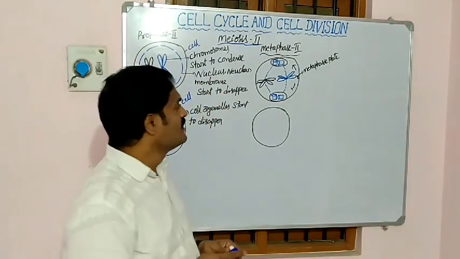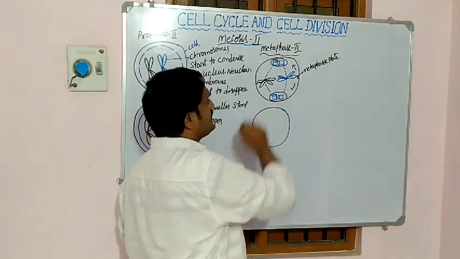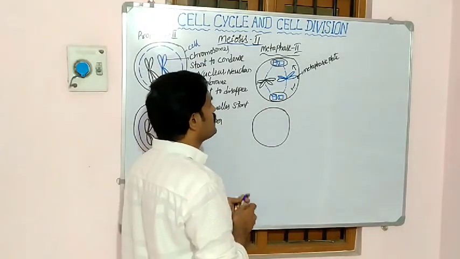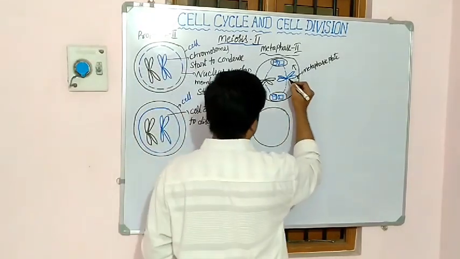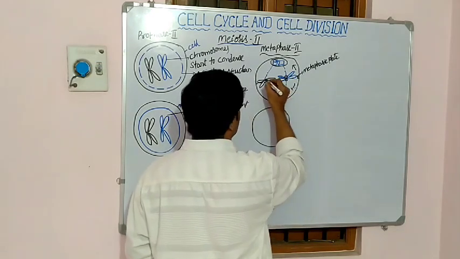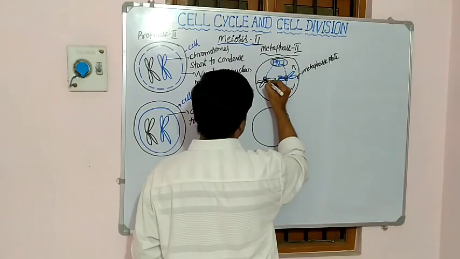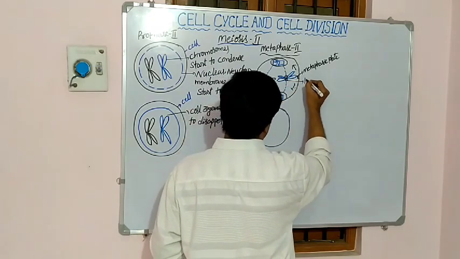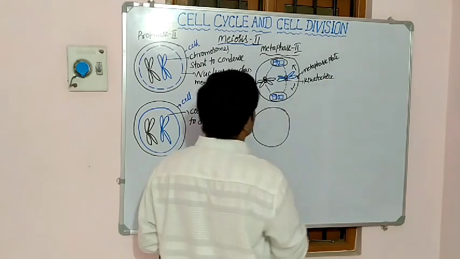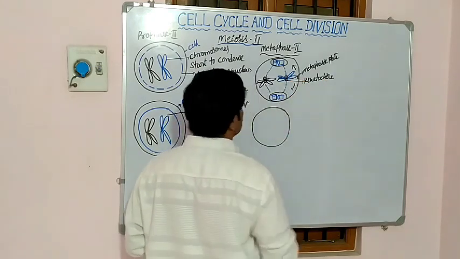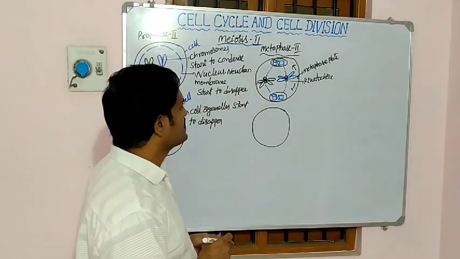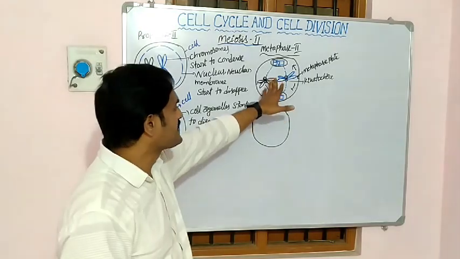Already you know very well where these spindle fibers are exactly attached to the chromosome: at the position of the kinetochore. Here one disc-shaped arrangement is present on both sides of the centromere. This disc-shaped arrangement is called the kinetochore, and this middle portion is called the centromere.